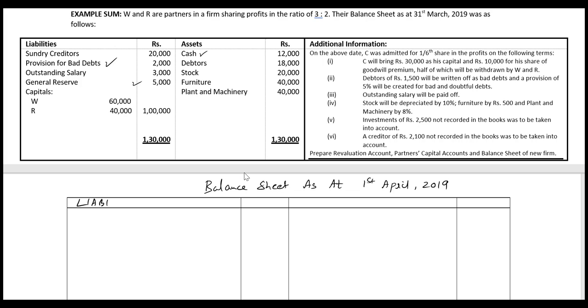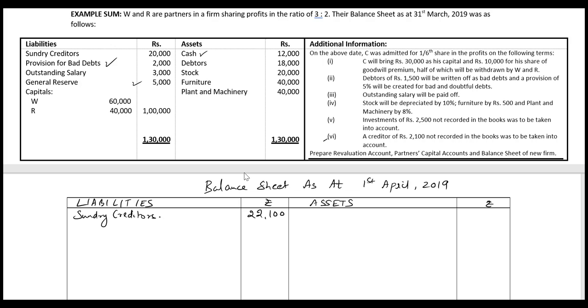Liabilities rupees and assets rupees. Let's begin with the sundry creditors. The original balance 20,000 rupees. From the sixth point, we need to add 2,100 rupees. So now it's 22,100 rupees.